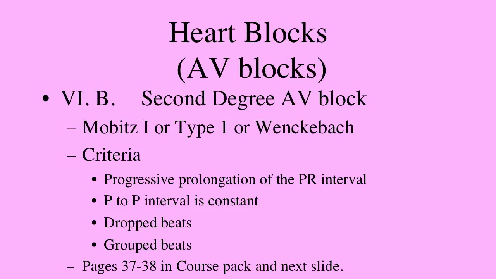If you look to page 38, there's another example, and you have a beat to the far left at the top, and then you have a P wave that did not conduct a beat. And if you go to the second R wave over QRS complex, you have a P wave with the QRS complex where the PR interval is normal, and then it gets longer, PR interval is longer, and then a P wave by the arrow where you actually have no conducted QRS complex, a dropped beat.